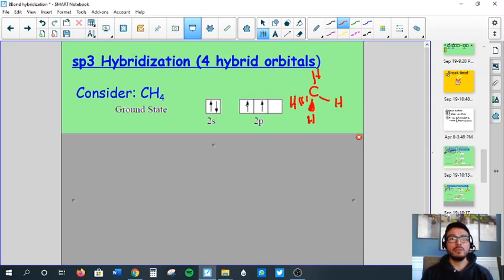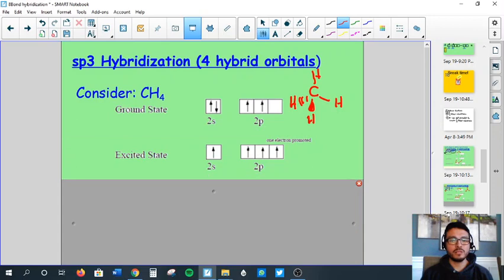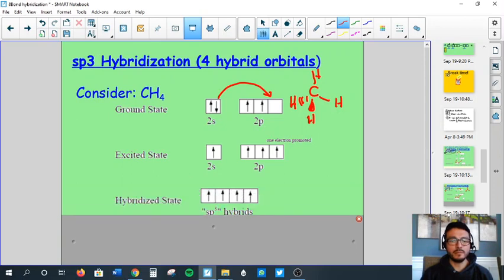In its ground state, we only have two half-filled suborbitals. They can't form these four bonds. So what do? You should be thinking we promote into an excited state. This electron is going to move into the 2pz, so it does change its spin. The hybridized state just means these are all going to come together. We're going to have one electron from s and three from p, which gives us sp3.